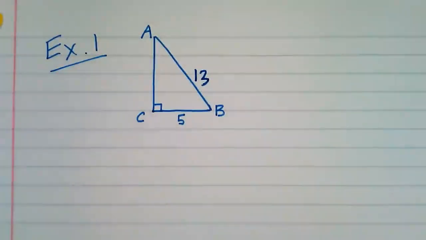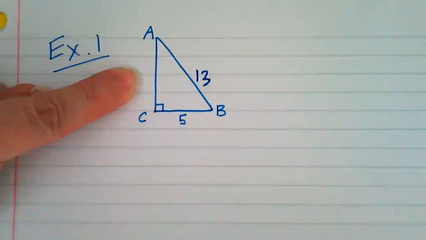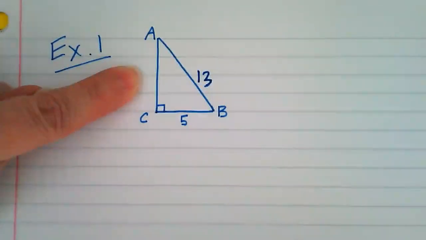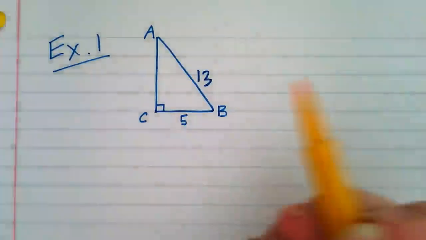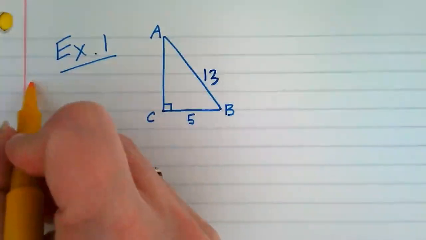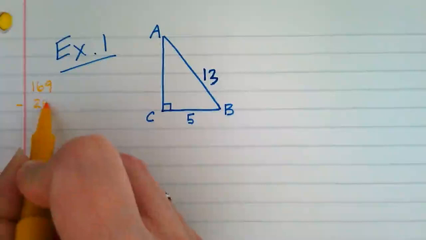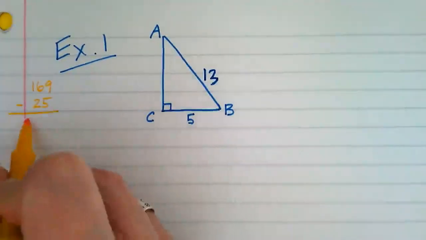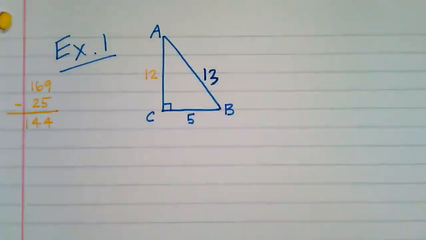Now, for any triangle, we can write 6 trig ratios, and I'll explain that in just a second. So first thing we need to do is figure out what this side is. To do this, we're going to use the Pythagorean Theorem. So a squared plus b squared equals c squared, so that would mean c squared minus a squared is going to equal b squared, so b must be 12.